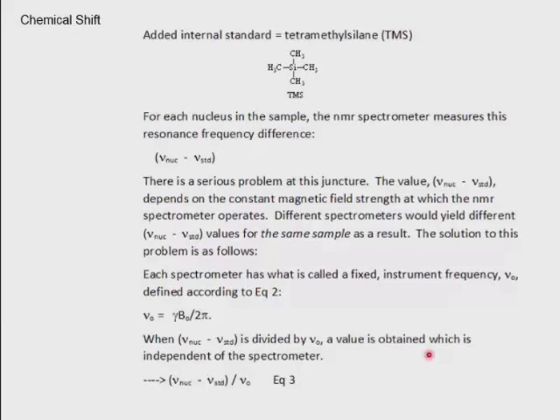Now, the reference standard that is always used for all NMR spectra is an organosilicon compound called tetramethylsilane, or TMS for short. Here's its chemical structure. Four methyl groups on a central silicon atom.